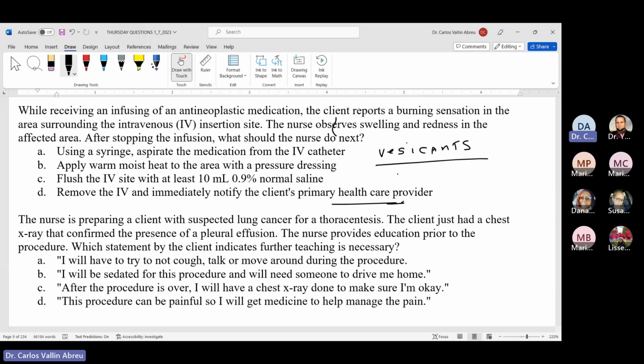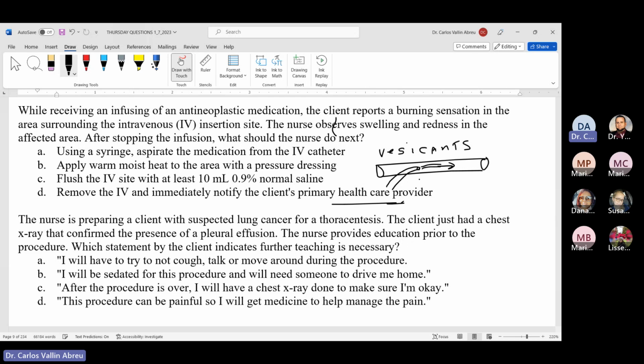But if accidentally there is a rupture of the vein or the catheter is dislodged, the catheter should be inside the vein, with the medication flowing there.